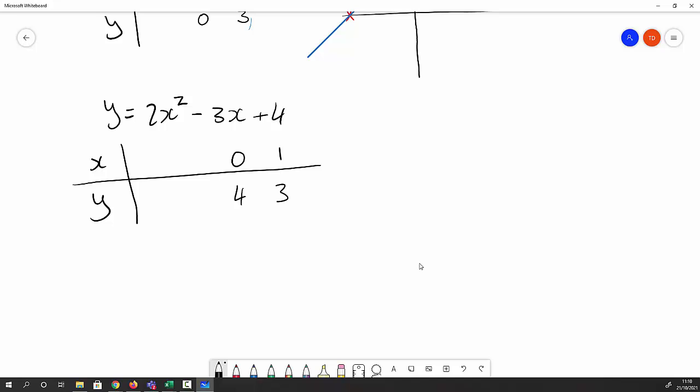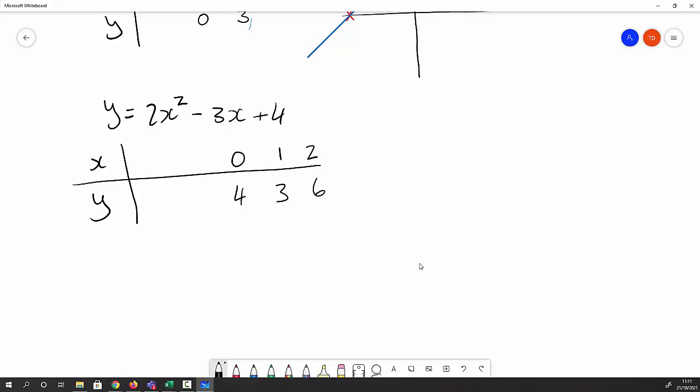So y is 3. Let me just check that. So that's going to be 2 minus 3, which is minus 1, plus 4 is... Right, so when x is 0, y is 4. When x is 1, y is 3. So let's do x is 2 whilst we're here. Okay, so 2 squared is 4, times 2 is 8, minus 6, so that gives me 2, and plus 4 is going to be 6, okay?